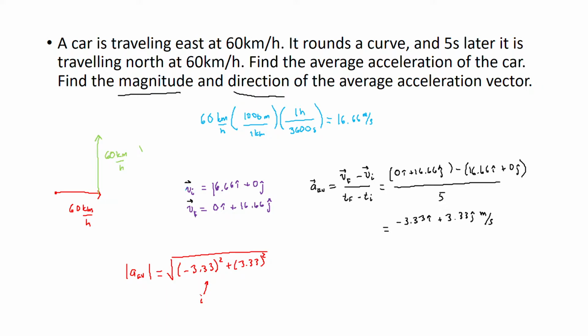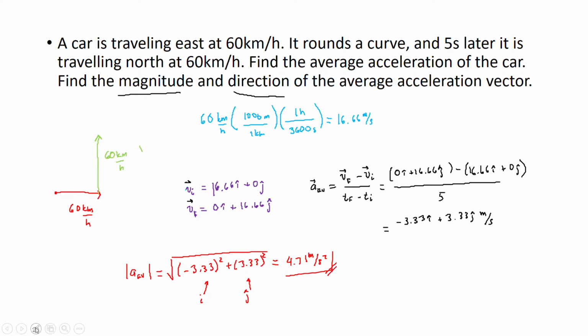This is the i component, and this is the j component, and that would give me 4.71 meters over second squared. Okay, so this is actually a part of my answer, the first part.